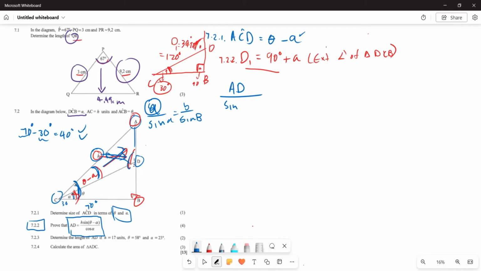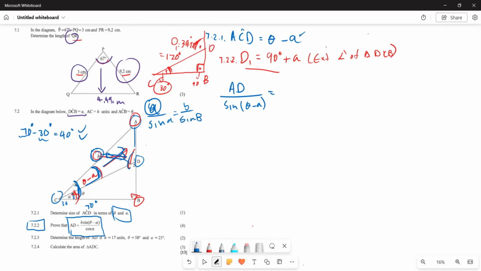It is given by your theta subtract your alpha. Remember, we've calculated, or we found it as your theta subtract your alpha. Now, do we have another complete pair?